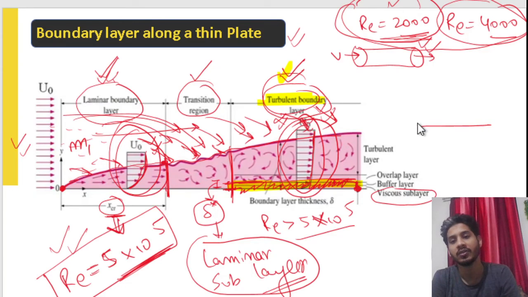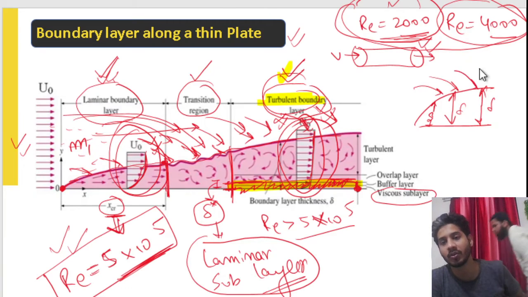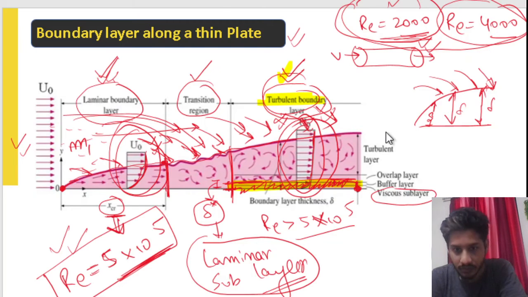You can see this is delta and this keeps on increasing. Why is this increasing? Because there is continuous addition of mass within the boundary layer. Similarly, for a turbulent boundary layer, there will be more mass.